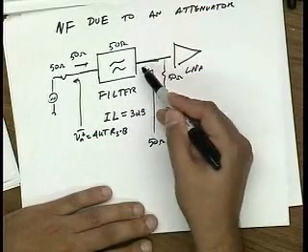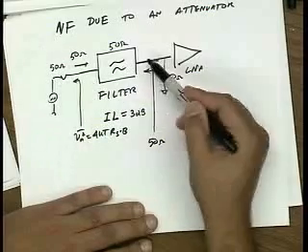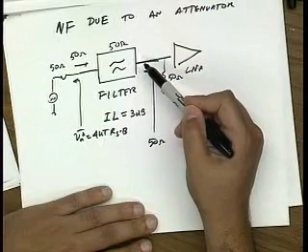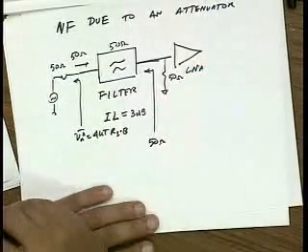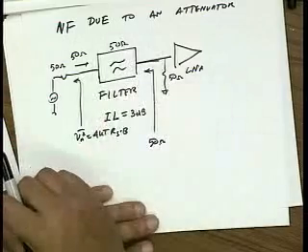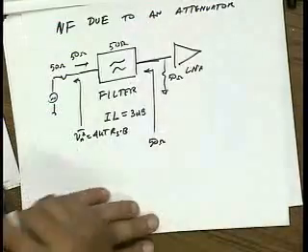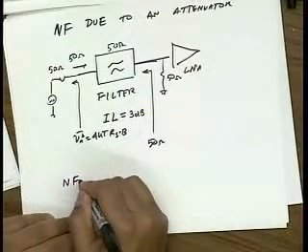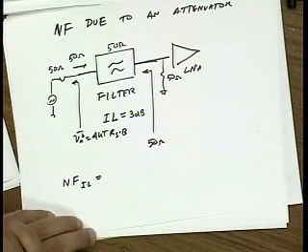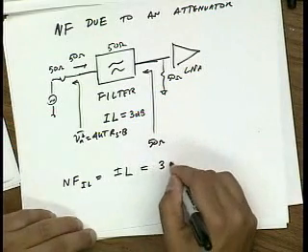Because the real part of the input impedance is also 50 ohms, the amount of noise that's available from the source is the same as the amount of noise that's available from this attenuator, right? But my signal is 3 dB smaller. So by definition, the noise figure of a matched attenuator is equal to its insertion loss. So the noise figure of some component that has a certain insertion loss is equal to its insertion loss. So in this case, it'll be 3 dB.